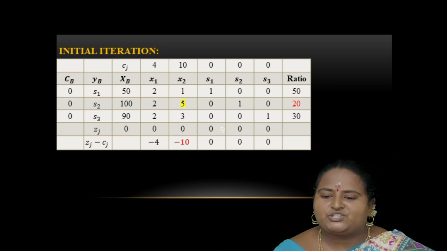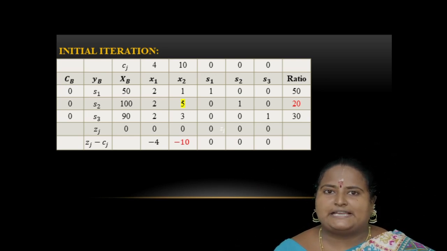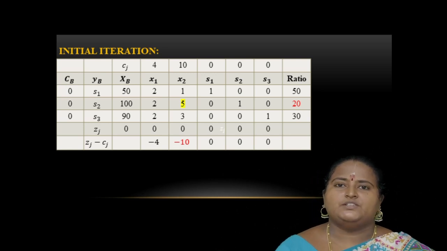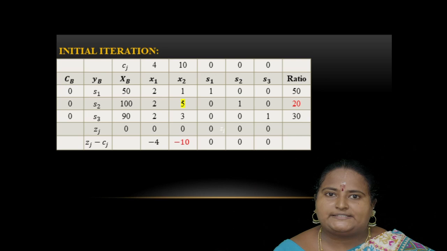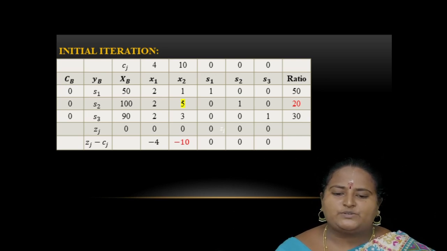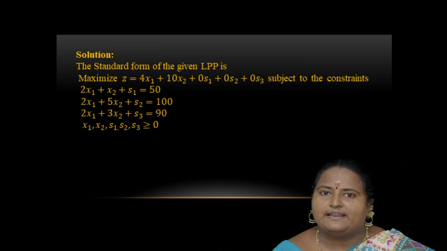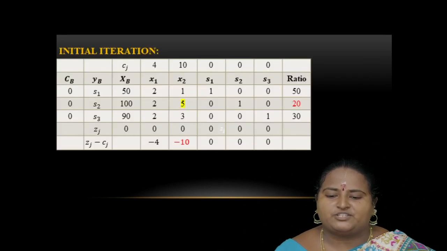Then the given decision variables x1, x2 and then the added three slack variables s1, s2 and s3. So here the basis matrix corresponds to the three variables s1, s2 and s3 which occupy the column YB. The cost values of the three variables in the objective function are nothing but 0, 0 and 0, that is the coefficients of the slack variables in the objective function.